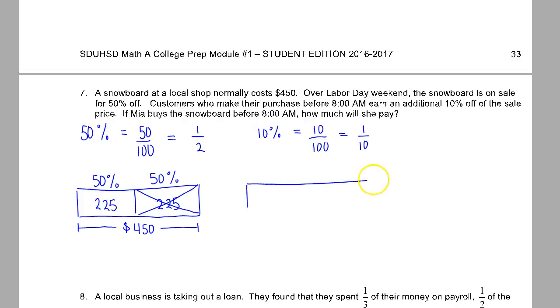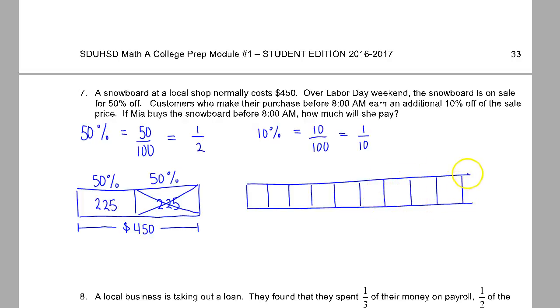So I'm going to make a new model and divide it into 10 equal parts. Now if I have 100% divided into 10 equal parts, each of these sections will represent 10%.